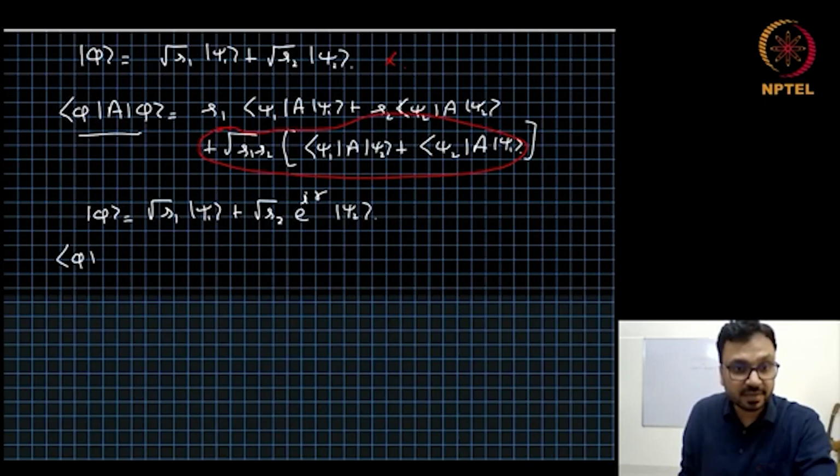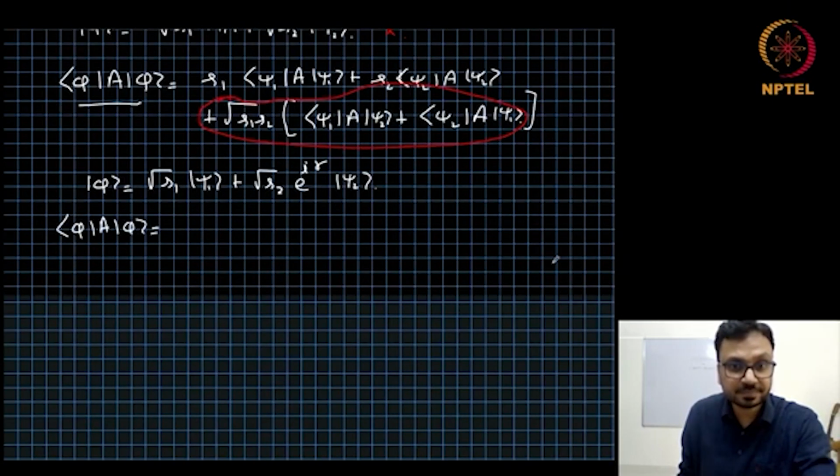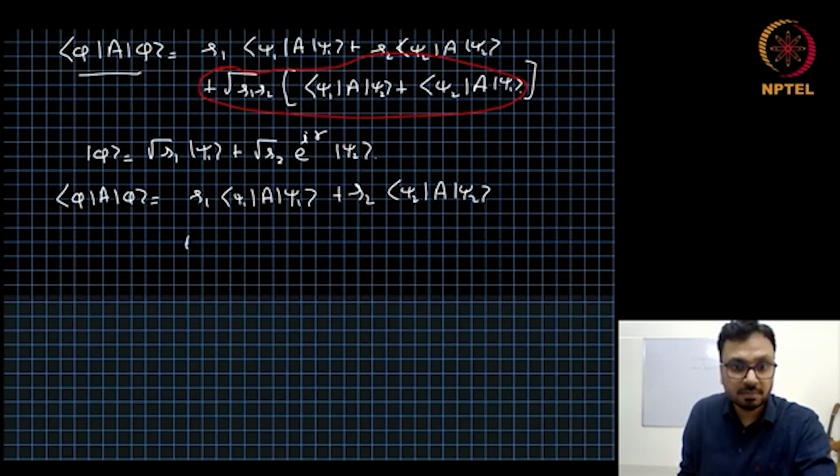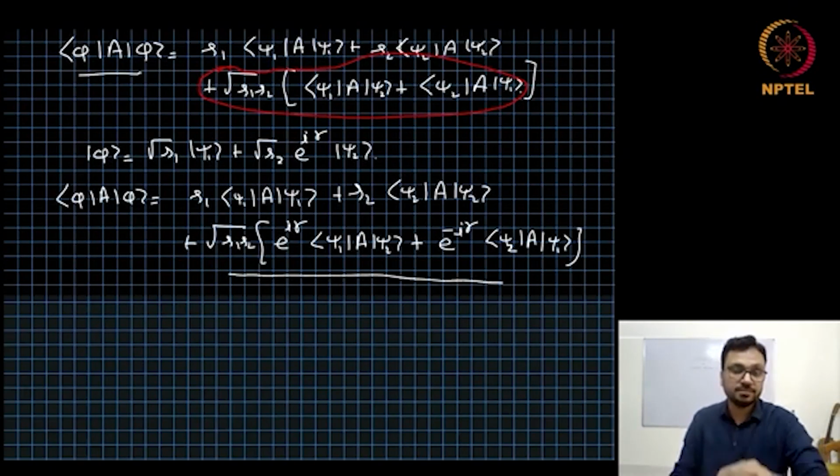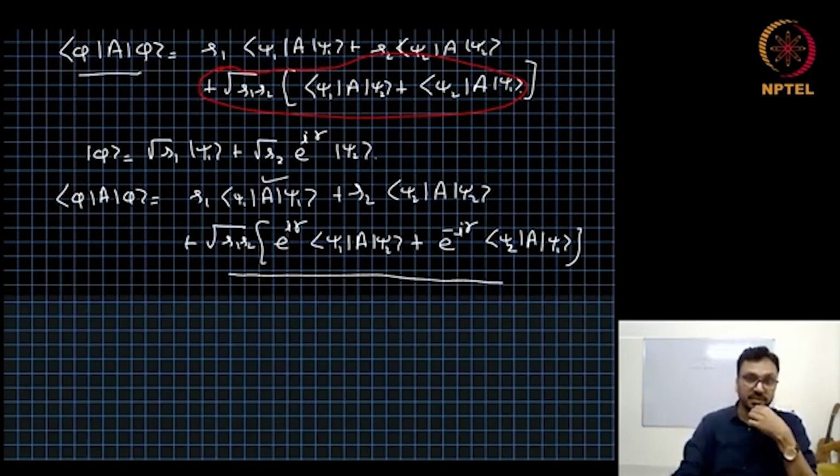Again, if we calculate the expectation value of A with this new phi, we get S1 <psi1|A|psi1> plus S2 <psi2|A|psi2> plus root S1 S2 times the cross terms. Even now, these two terms are correct, but these two cross terms are extra. They should not be present.